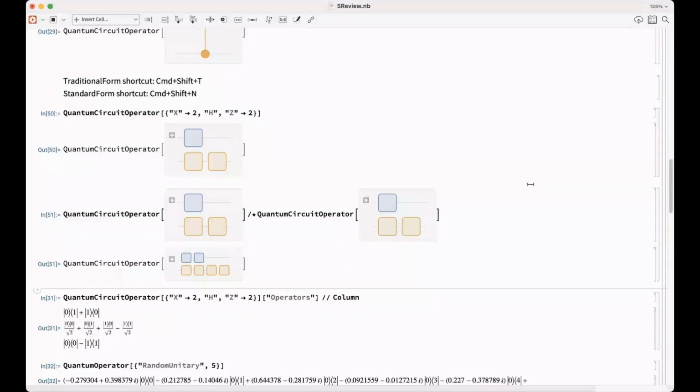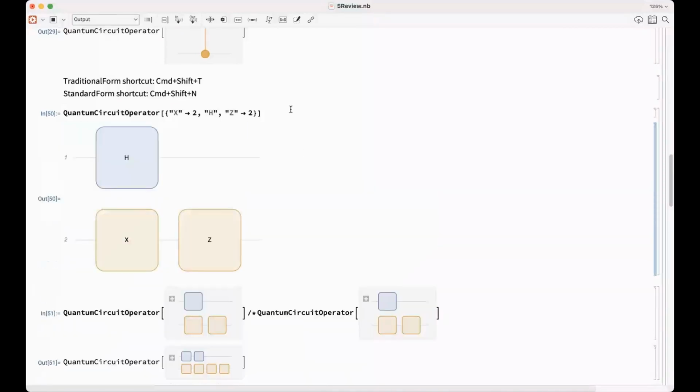The shortcut for the diagram is Command Shift T on Mac. Nick, double click on the circuit object or the cell, it doesn't matter, and then Command Shift T, you can see the diagram.